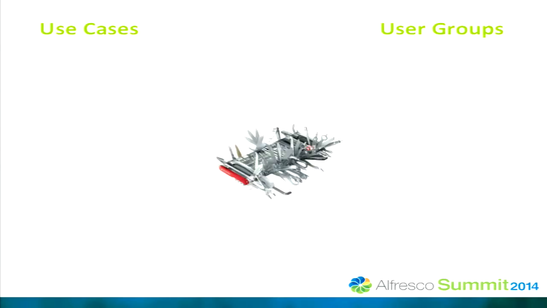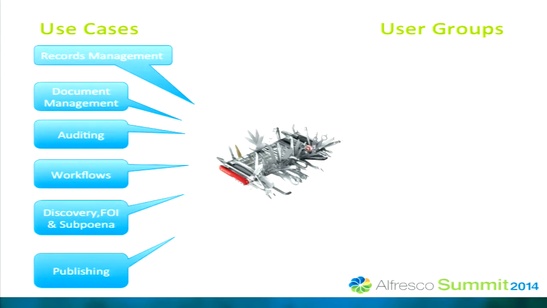So basically, why is it a Swiss Army knife? In terms of use cases, we started with records management. But then we quickly switched over to document management as well, because there's no point waiting for people to make things into a record. You really need to capture things from source.